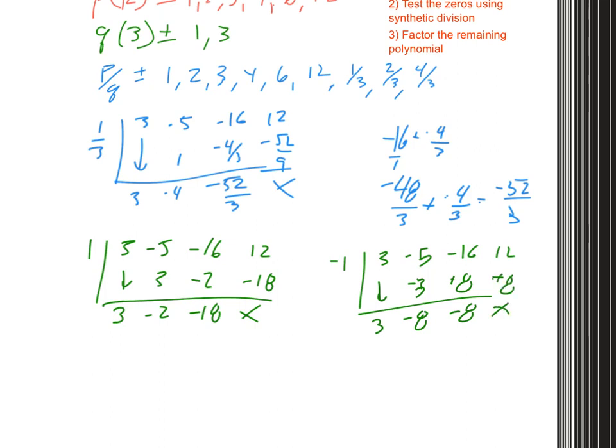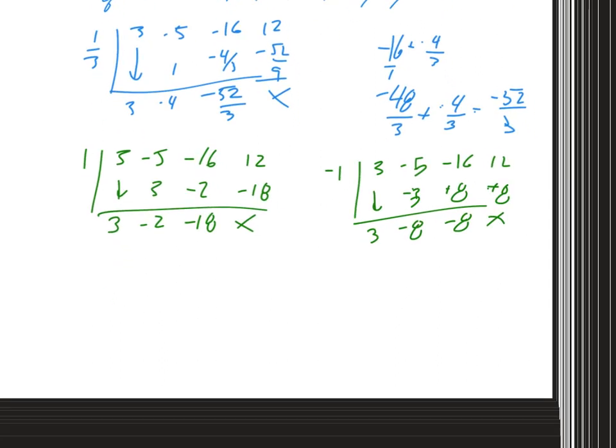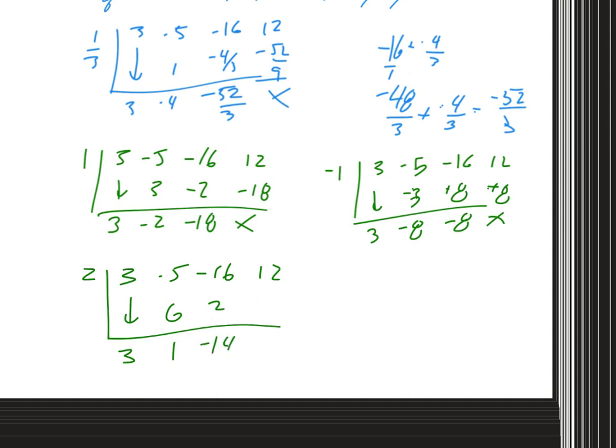That took me about 20 seconds to do, so again, not wasting a bunch of time. Let's try 2. 3, -5, -16, 12. 3 comes down. That gives me 6, which is 1, which is 2, which is -14. Not looking good. That's -28. Nope. I'm going to try -2.